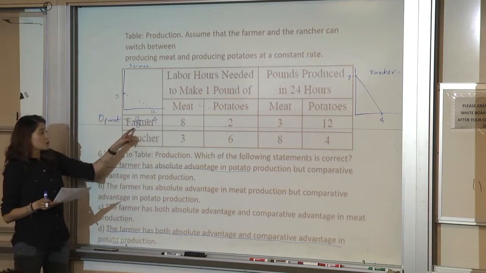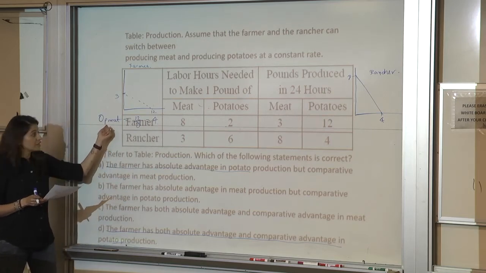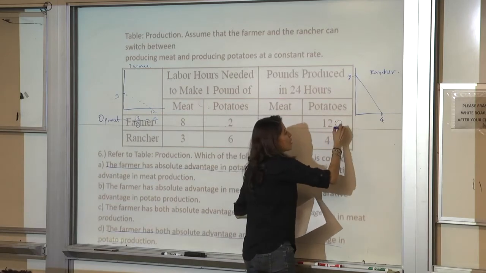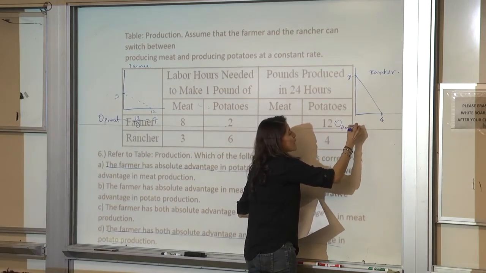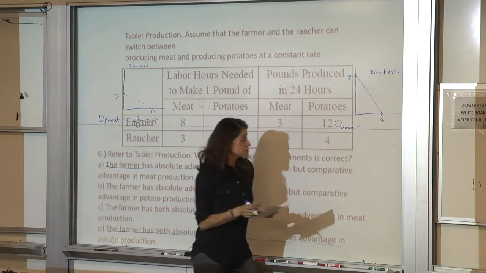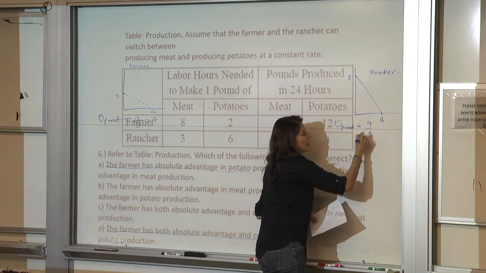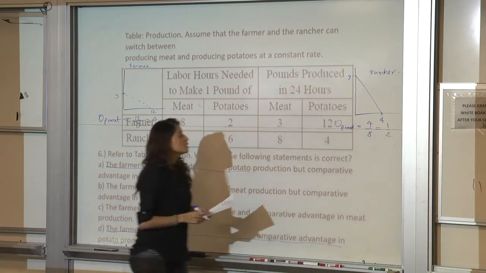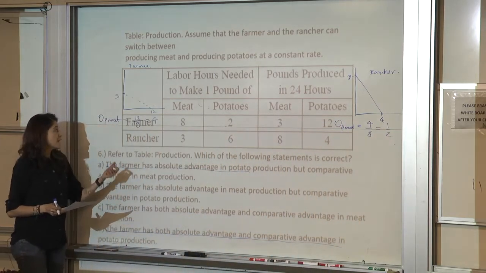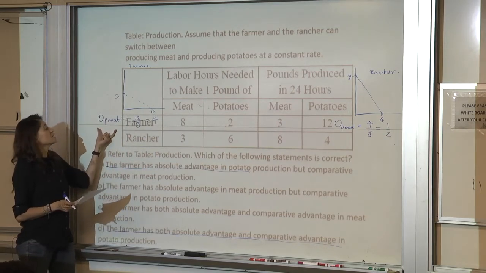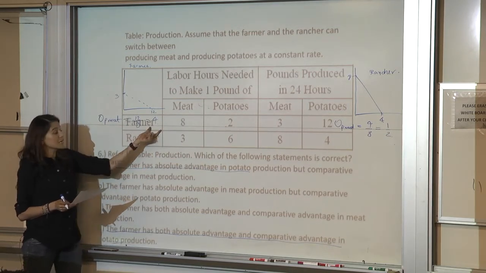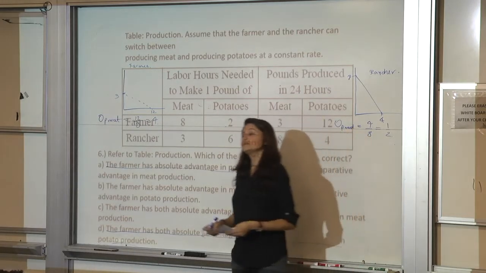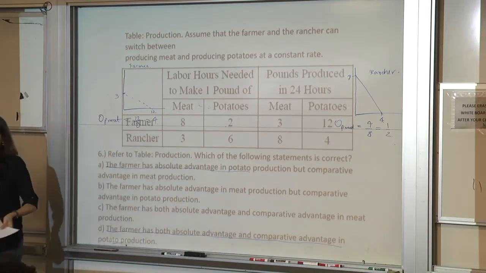So the opportunity cost of producing meat for the farmer is 4. Now, the opportunity cost of producing meat for the rancher is 4/8, and this is equal to 1/2. So what do we see here? That what the farmer has to give up to produce meat is higher than what the rancher has to give up to produce meat. So who has a comparative advantage on meat?